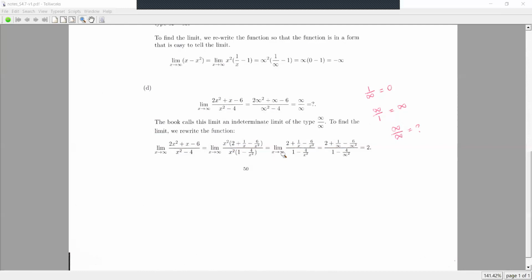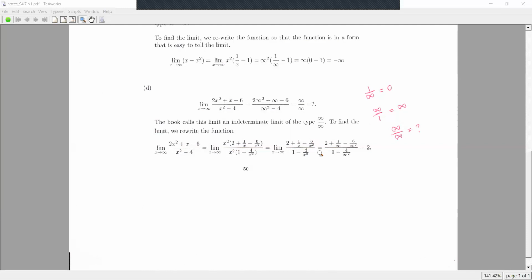Okay, when x approaches infinity, 1 over x will approach 0. 6 over x squared will approach 0. 4 over x squared will approach 0.